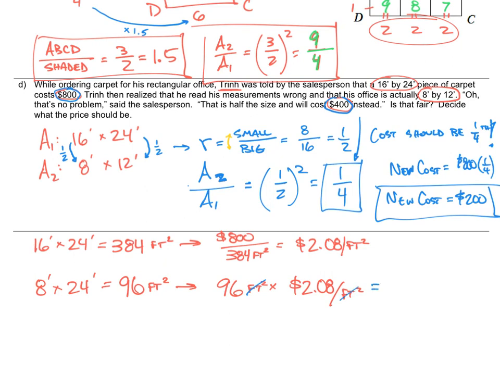When you do $2.08 times 96 square feet, you get about $200. There's a little bit of rounding error there because I took off some of the decimals after the 8, but that's another way to look at this problem. Trin should only be paying $200.